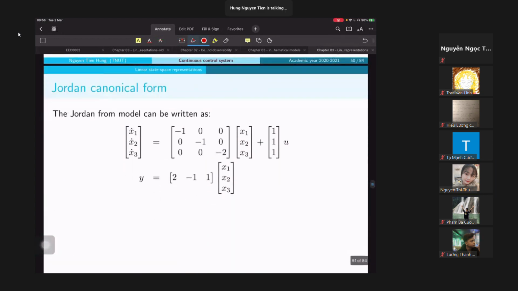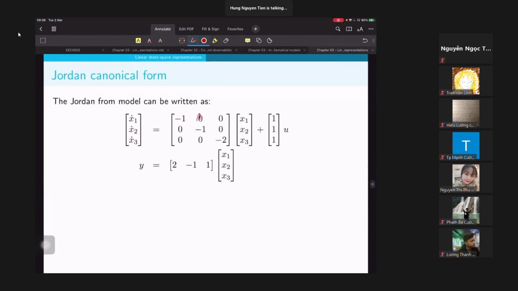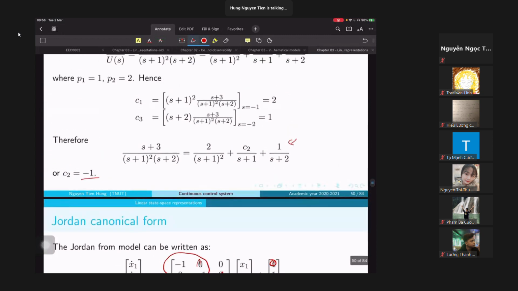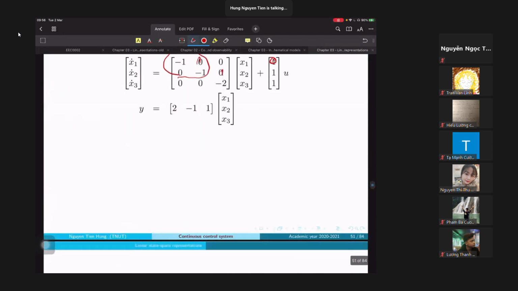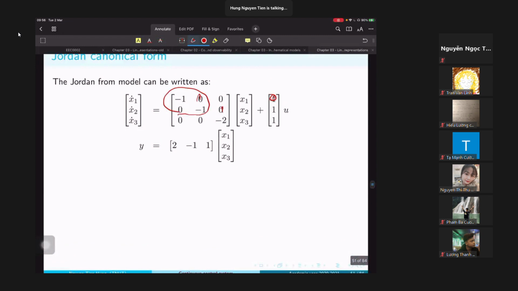So we can represent it in this form. We have 1, 1, 0 here, or 0, 0 here, and 1 here. We got this Jordan block here because this is repeated 2 times. I don't think I checked another form yet because I put 0 here, and I will check with 1 here.